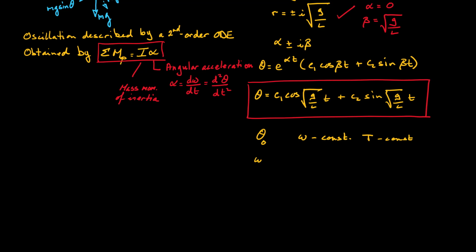The frequency, which we'll call omega naught, is equal to the square root of g over L. And the period will be equal to 2 pi multiplied by the square root of L over g.